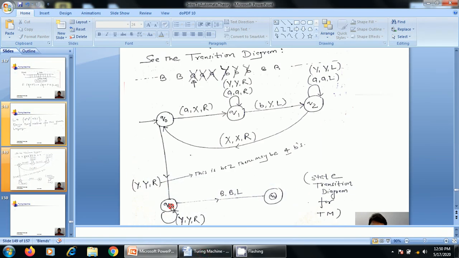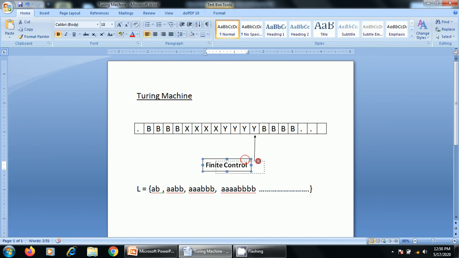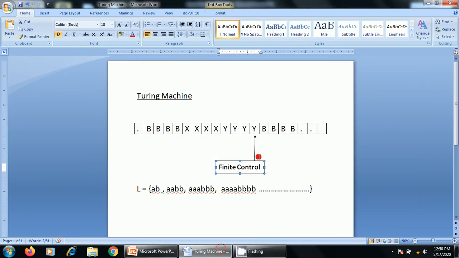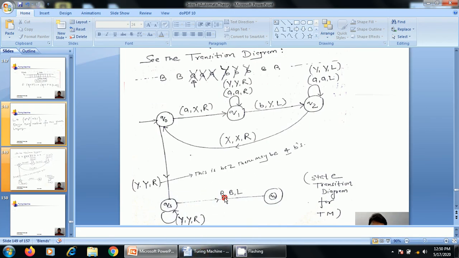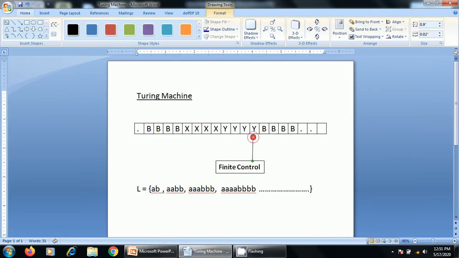If Y, keep it Y and move right. Now see, if we receive a blank, then keep it blank and move left, and the machine will halt here.